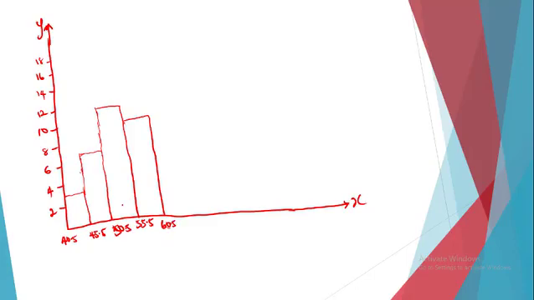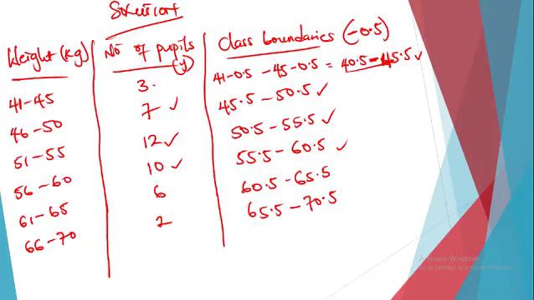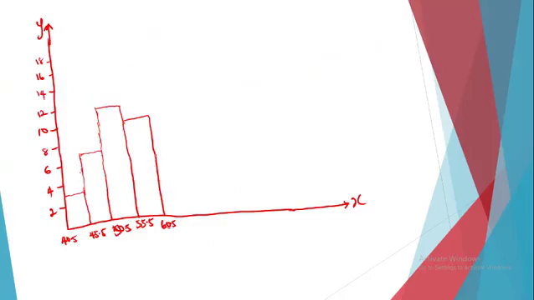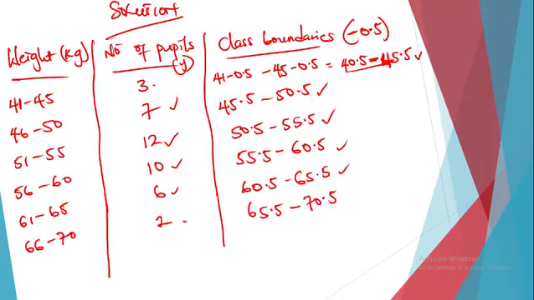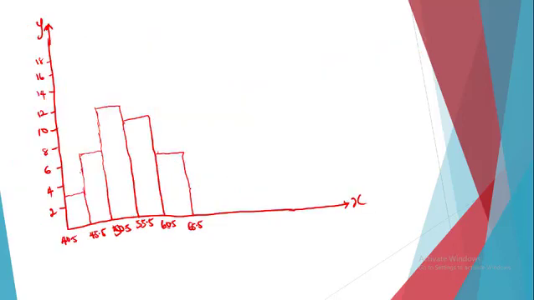The next one is 6 and 65.5. This is 6 here. Draw down. And then the last one is 2, and that is 70.5. This is our 2 here. This is what the histogram looks like.